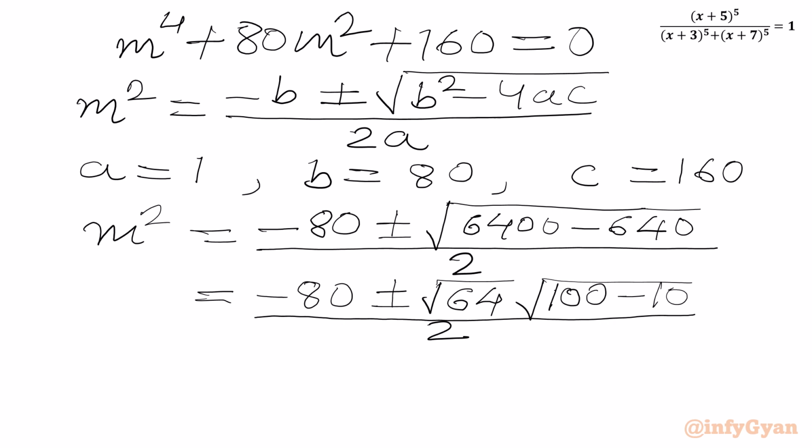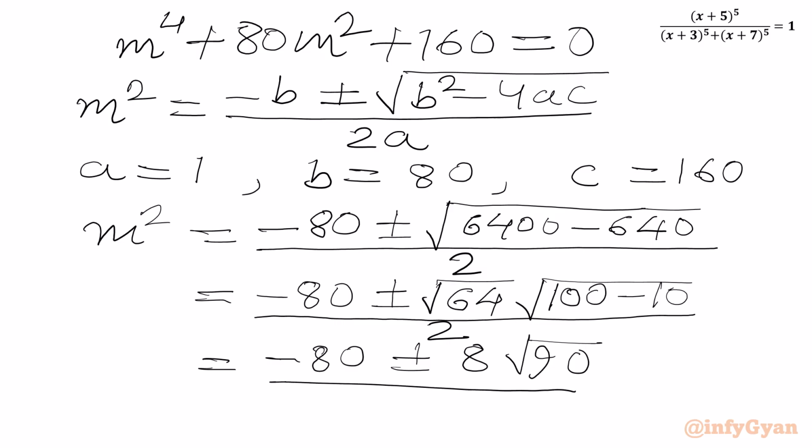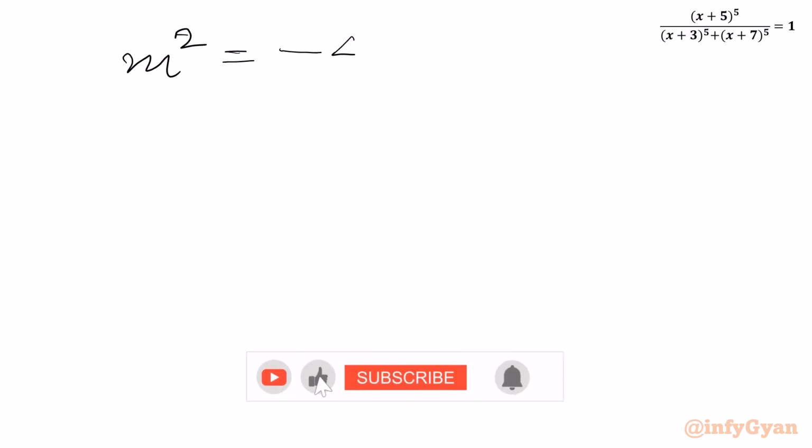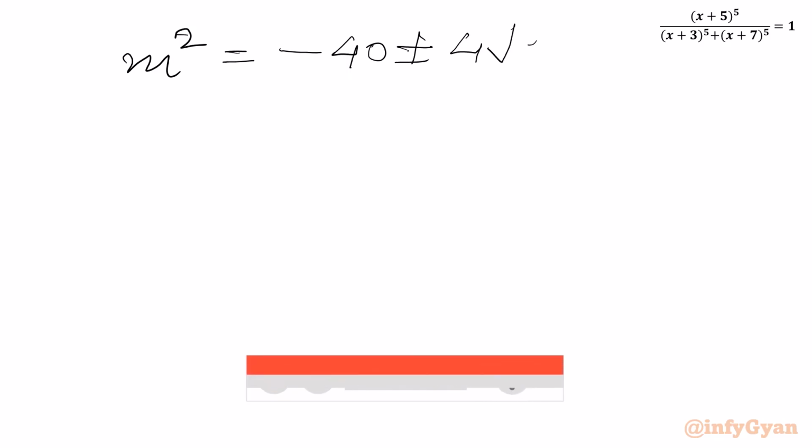Now square root 64 is 8. I will write minus 80 plus minus 8 times square root 90 over 2, or we can write minus 40 plus minus 4 root 90. So I will write m square equal to minus 40 plus minus 4 square root 90.